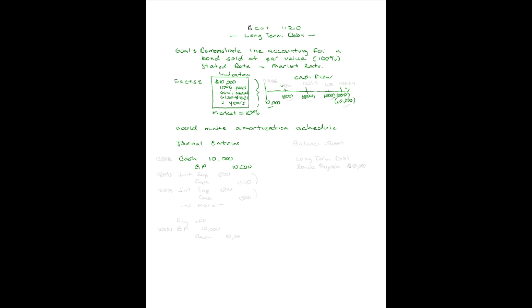Six months later, on 6/30, I guess we should put dates on this. We issued this bond on 12/31/13. Let's get dates on it. I guess we're issuing it on 12/31/12, huh? Just remember that from the past pencasts.